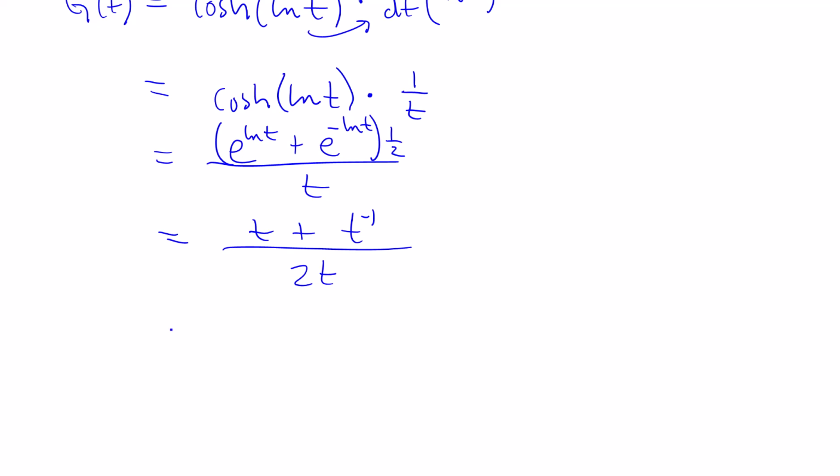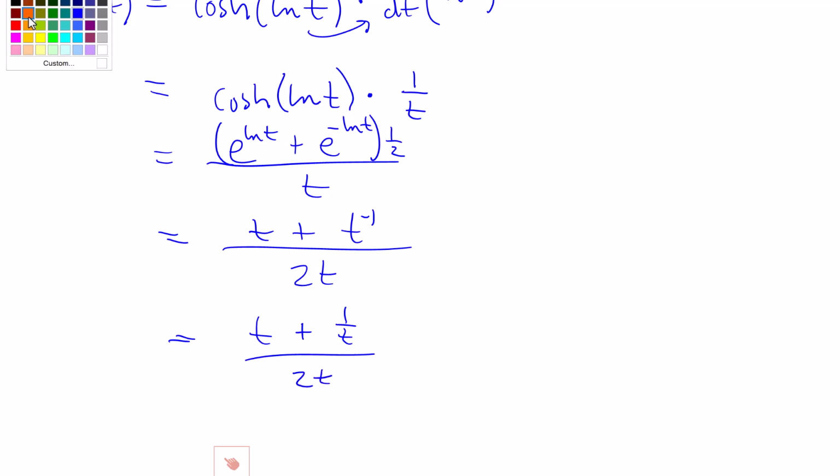And we should take it a little bit further, so let's do that. Notice that we have a complex fraction lurking because our numerator has this 1 over t term in it, this t to the negative 1. So let me write this out carefully. This is t plus 1 over t all over 2t, and we don't want to leave a complex fraction as a simplified result, so we'll multiply top and bottom by t, just using a convenient form of 1 here, t over t.